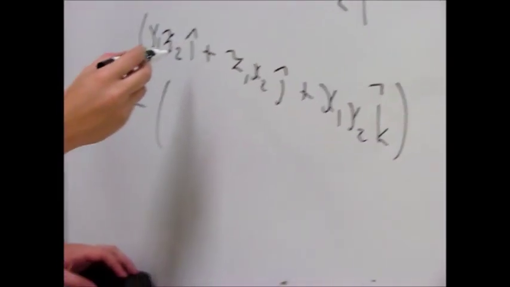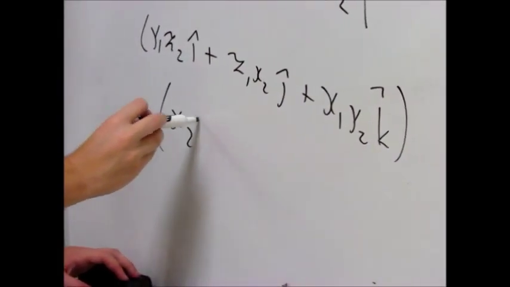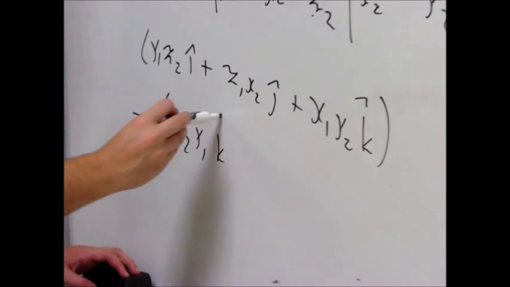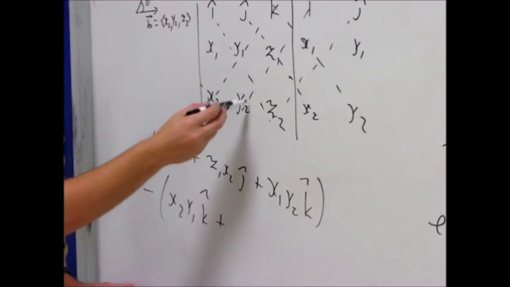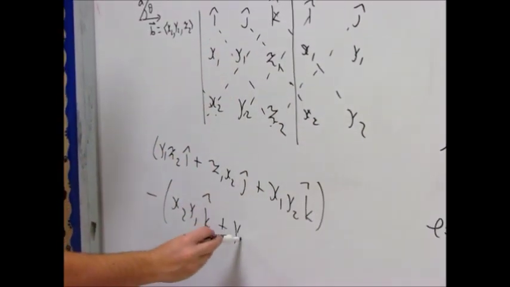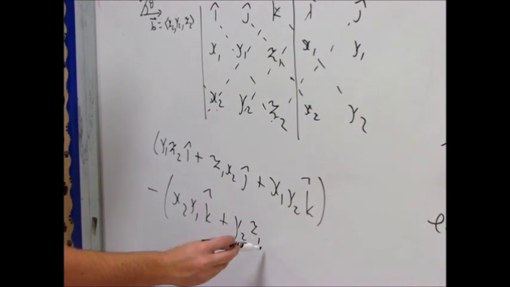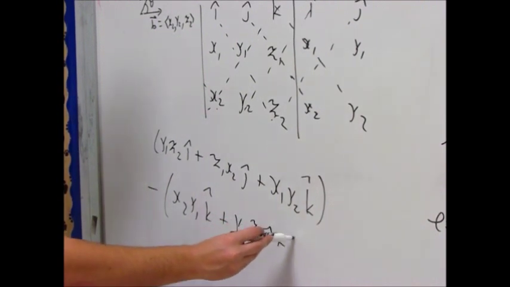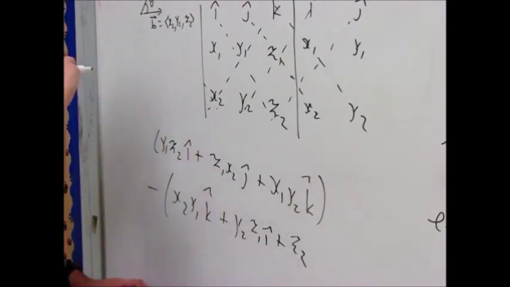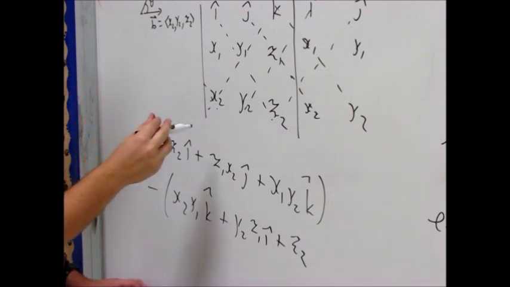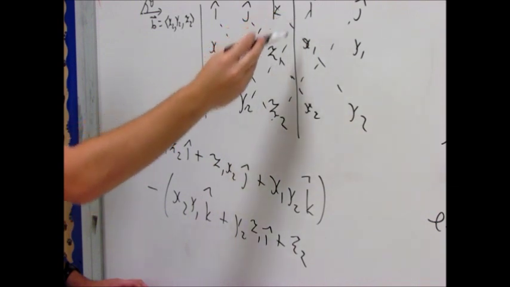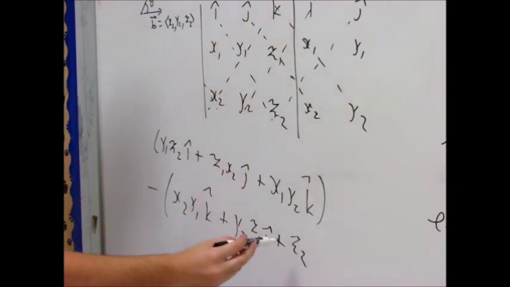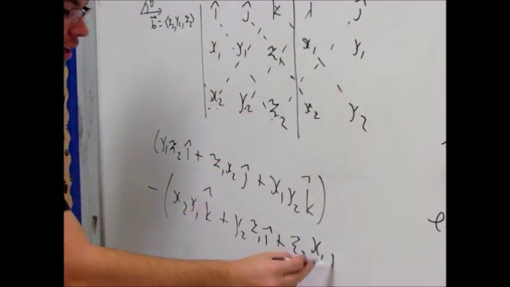So that would be x2 y1 k plus y2 z1 i plus z2 x1 j.